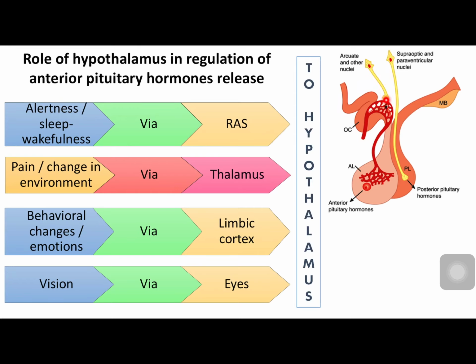These impulses cause release of hormones into a special blood vessel system called the portal system. From here, the hormones from the hypothalamus are carried to the anterior pituitary.